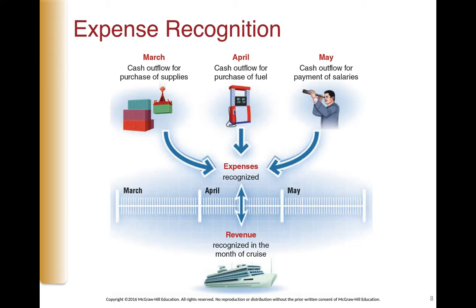Now we are going to do the accounting transactions right away when we receive the cash. We will recognize the cash, and so we have cash in, but we have deferred revenue on our balance sheet, that liability. People have paid us cash, but we owe them a cruise. So back in January, when people paid for the cruise, we had an accounting transaction of an increase in cash, which is an asset, and an increase in our liability of deferred revenue.